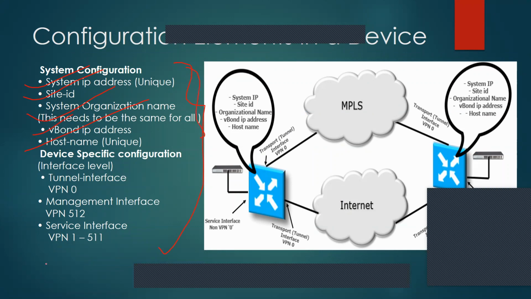Apart from that, you should do the VPN configuration, VPN management configuration. For the VPN 0 configuration, you should know the default gateway, where you want to build the tunnel with different devices, plus from where you want to build the tunnel with the control plane.